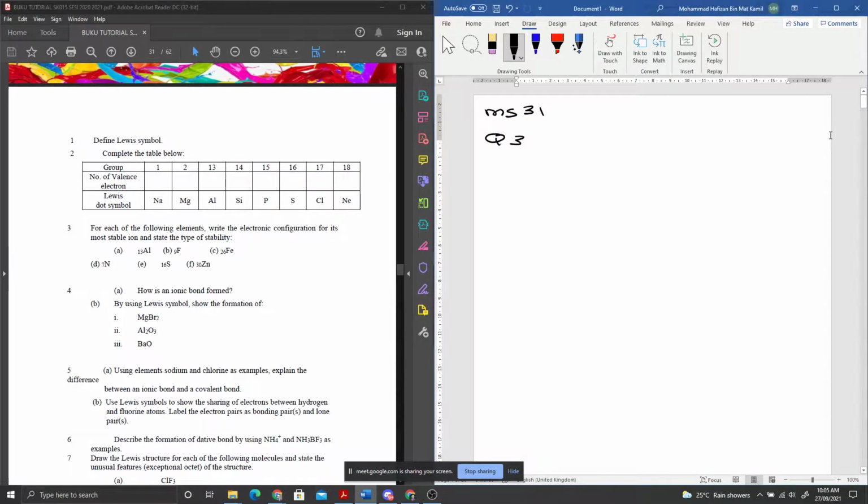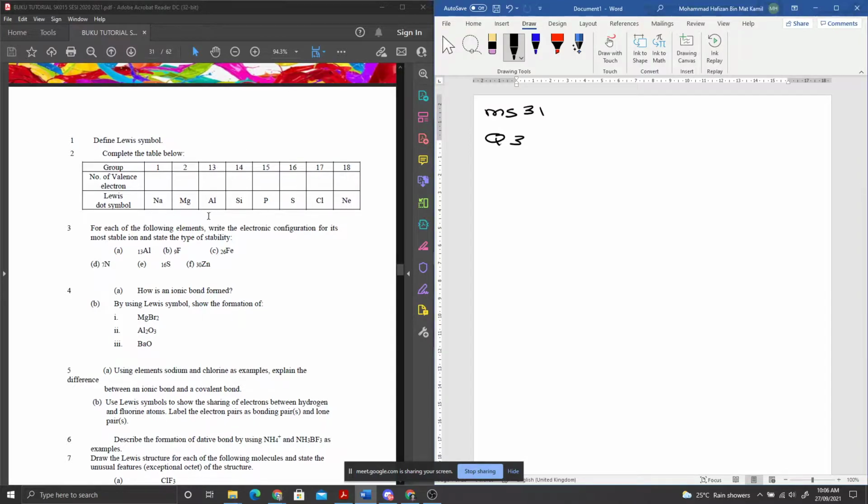So question number 3 cakap, for each of the following elements write the electronic configuration for its most stable ion and state the type of stability. Soalan like this in exam pun usually akan ada 2 or 3 marks. Always a good thing untuk dalam exam nanti bawa highlighter 2 different colors kalau boleh, because usually you akan highlight apa dia punya.